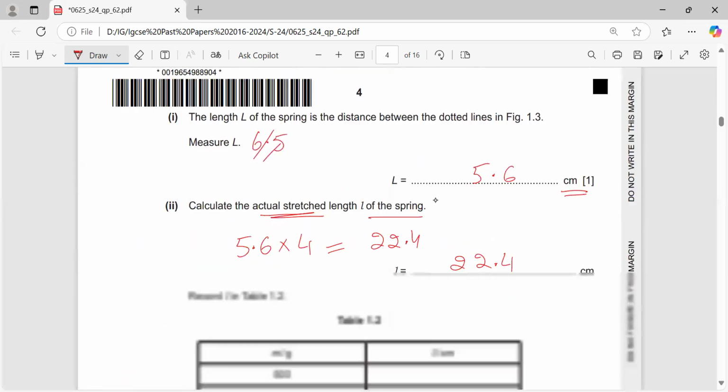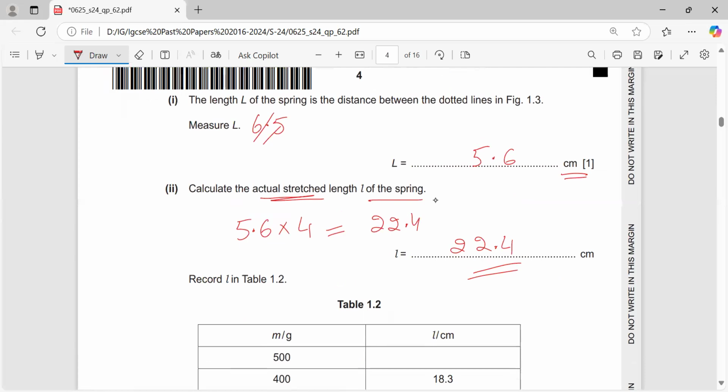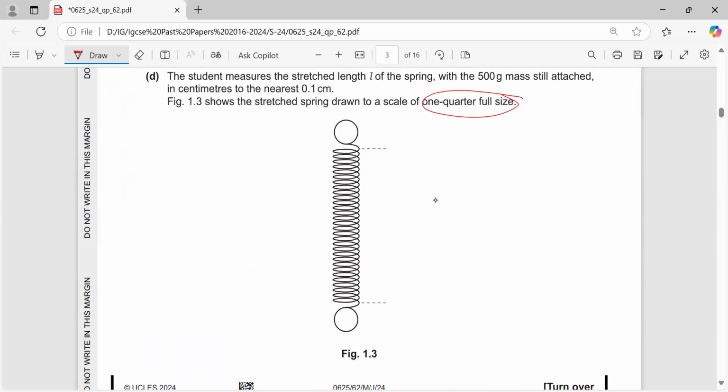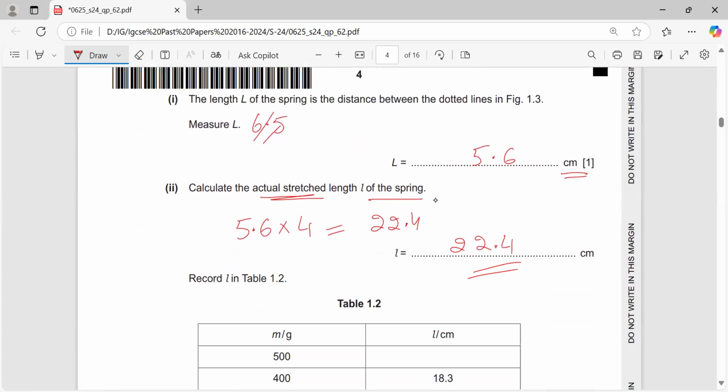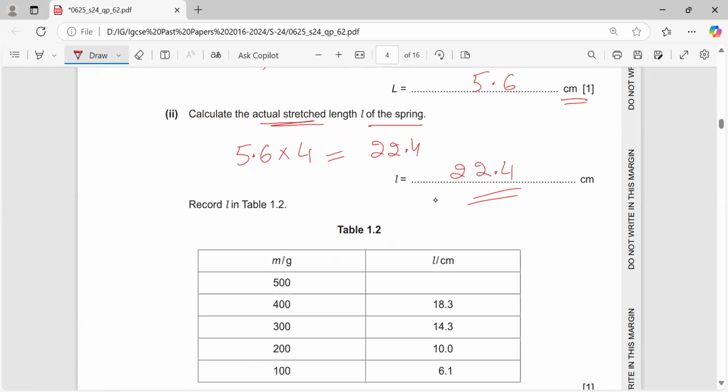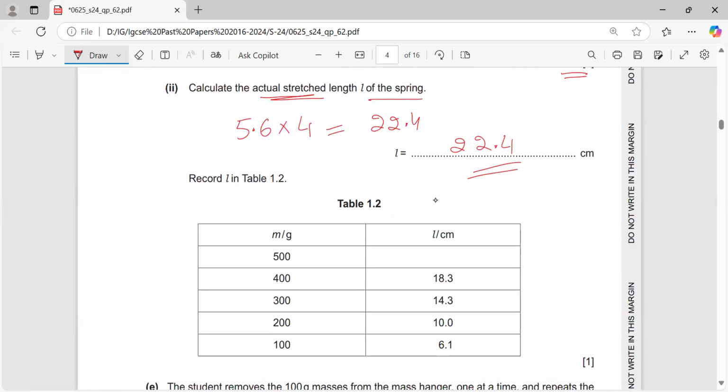That's what I did. 5.6 is the length between the dotted lines, from here till here, and we never use the coil hook's length, only the coil length. This was 5.6 centimeters, 4 times smaller than its actual size, so the actual size will be 5.6 times 4. Record L in table 1.2. So it is 22.4.